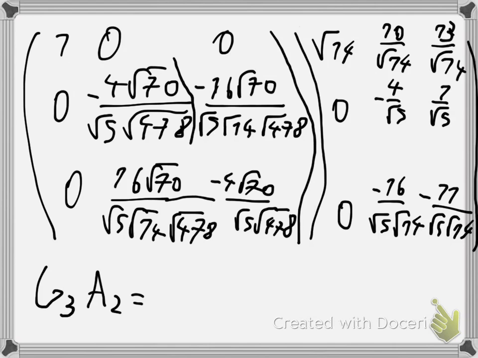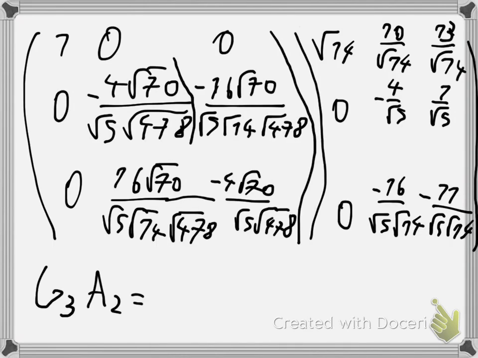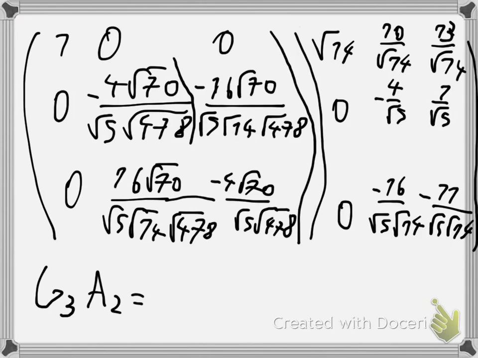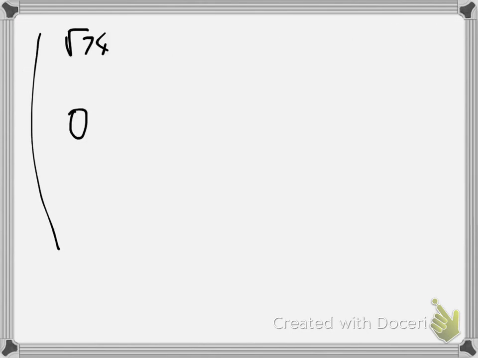And so if you do the multiplication, you should get square root of 14, 0, 0. So let's maybe do some more place because we will need it.